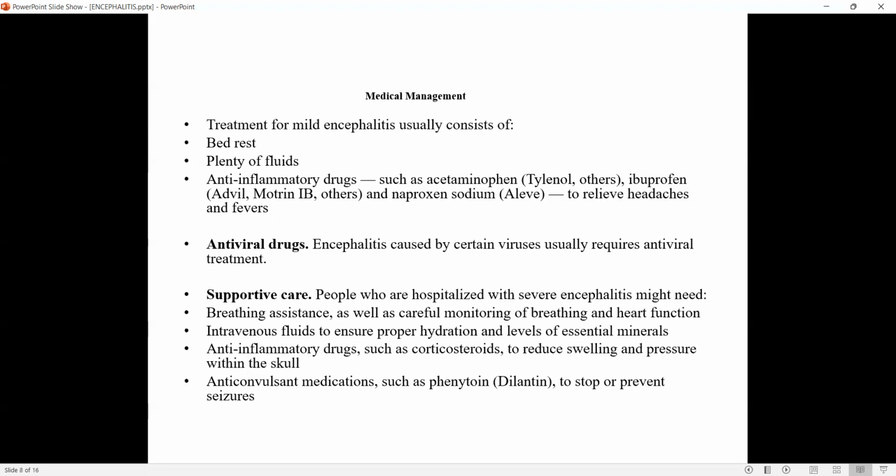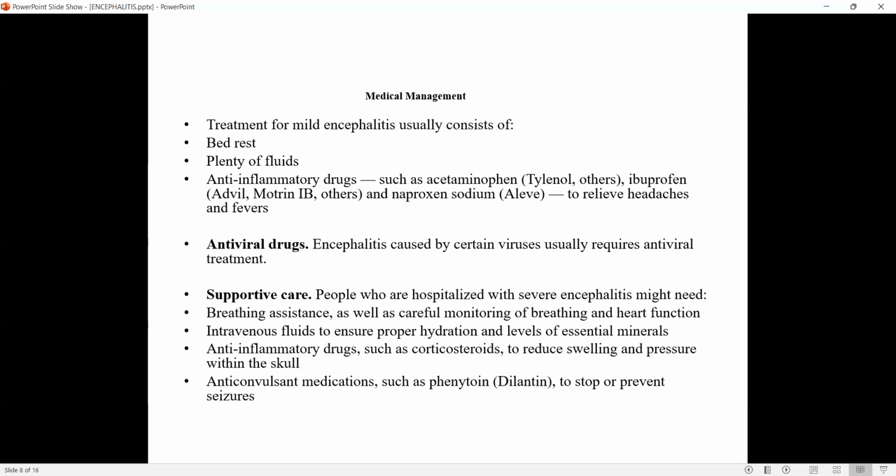Medical management: the treatment of mild encephalitis usually consists of bed rest, plenty of fluids, anti-inflammatory drugs such as acetaminophen, Tylenol, ibuprofen, Advil, Motrin IB, and naproxen sodium to relieve the headache and fever.